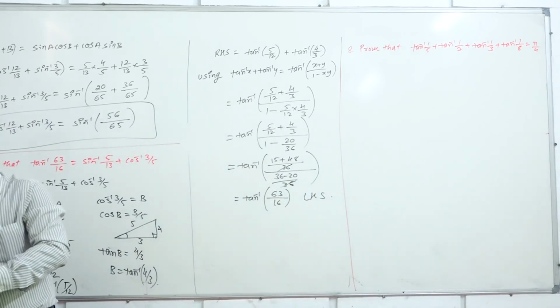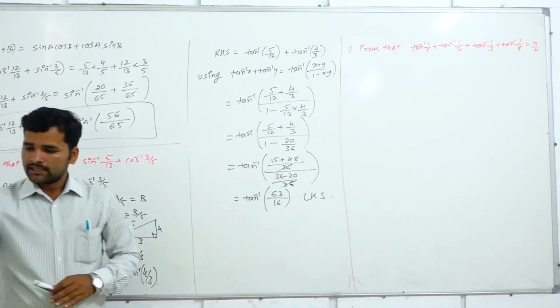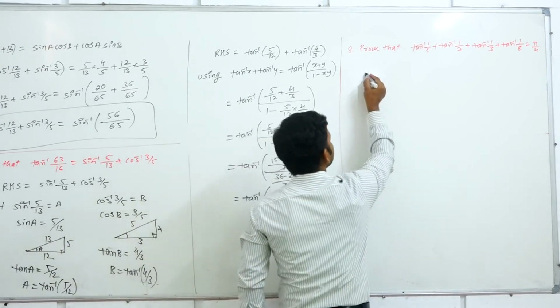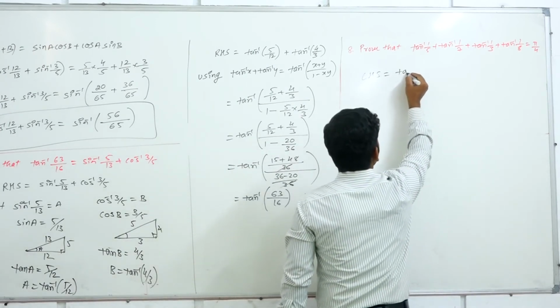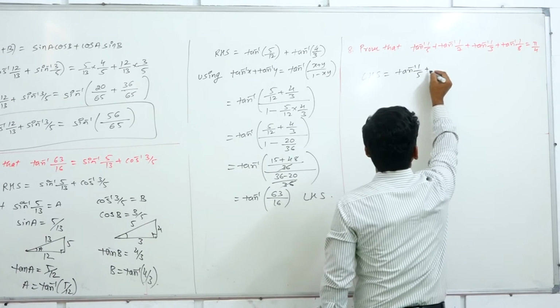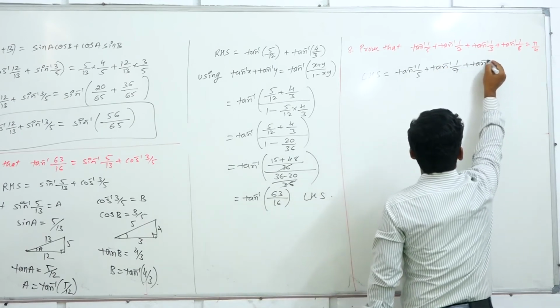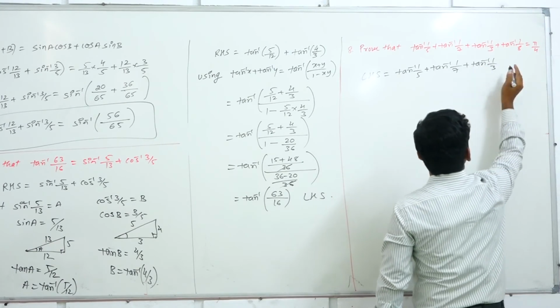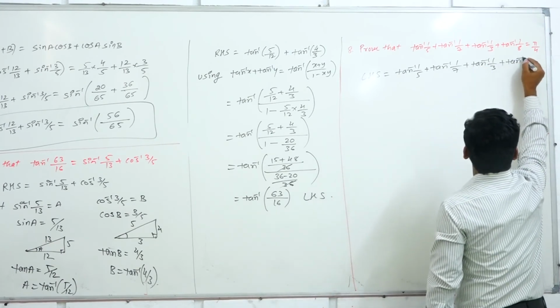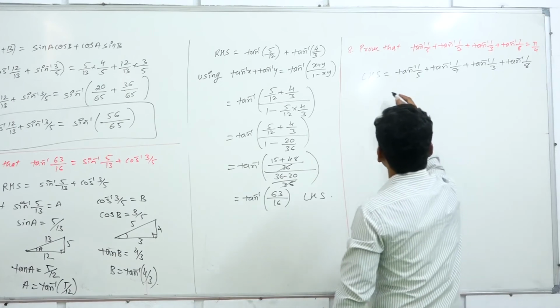Okay, here you take the LHS. LHS is equal to tan inverse of 1 by 5 plus tan inverse of 1 by 7 plus tan inverse of 1 by 3 plus tan inverse of 1 by 8.